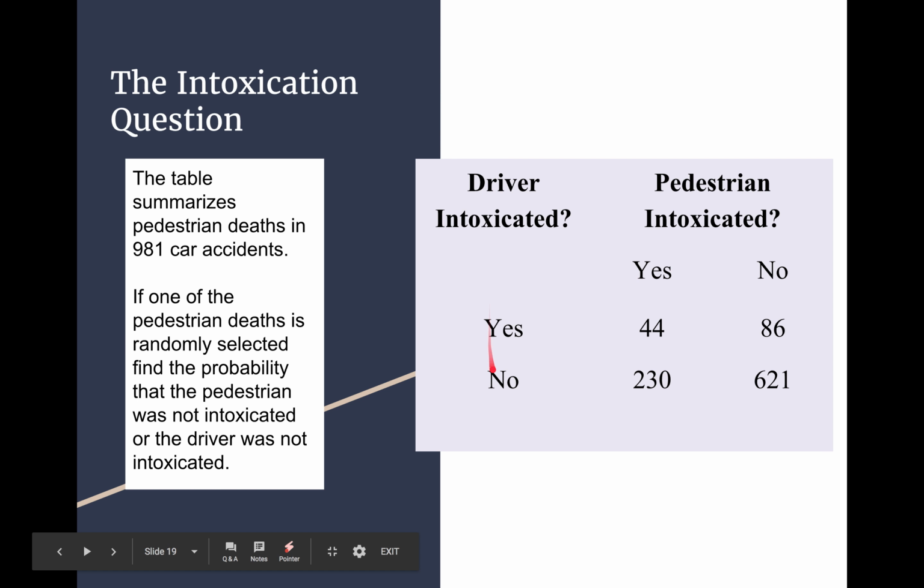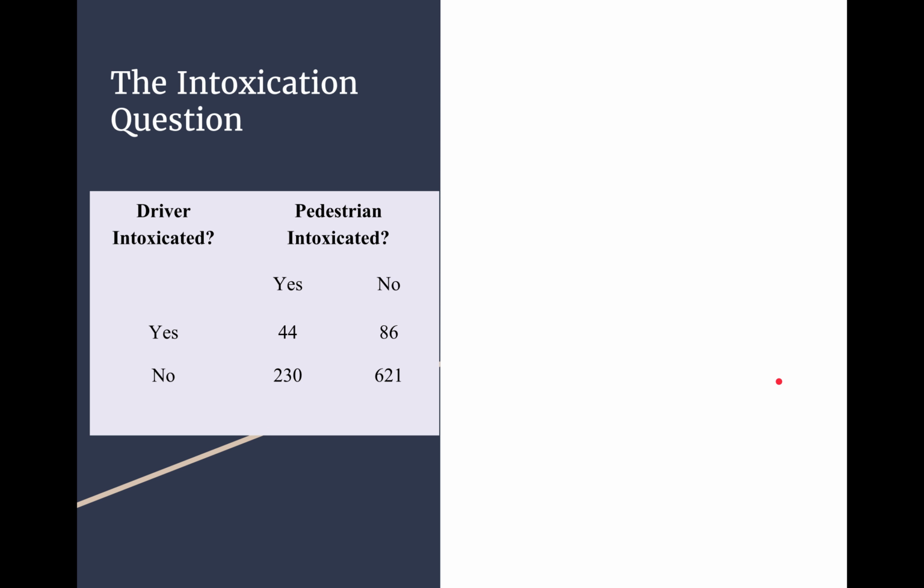Driver intoxicated, yes, no. Pedestrian intoxicated, yes, no. If we add all of these numbers up, we'll see that we get 981. When the pedestrian was not intoxicated, we would look at this whole column. When the driver was not intoxicated, we're going to end up looking at this whole column. So let's see where we go.